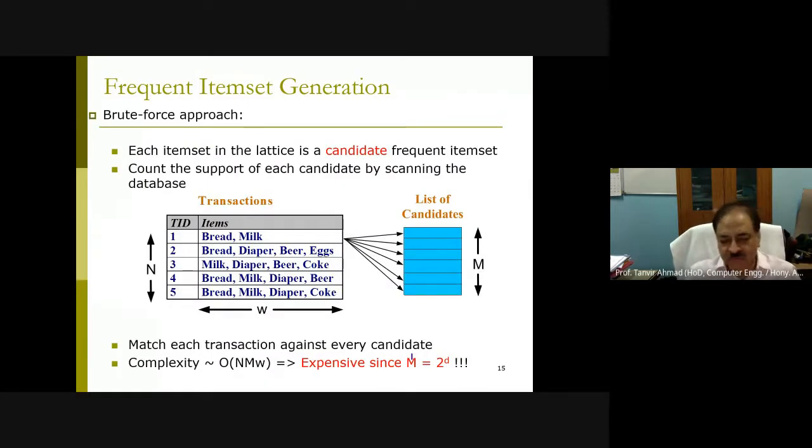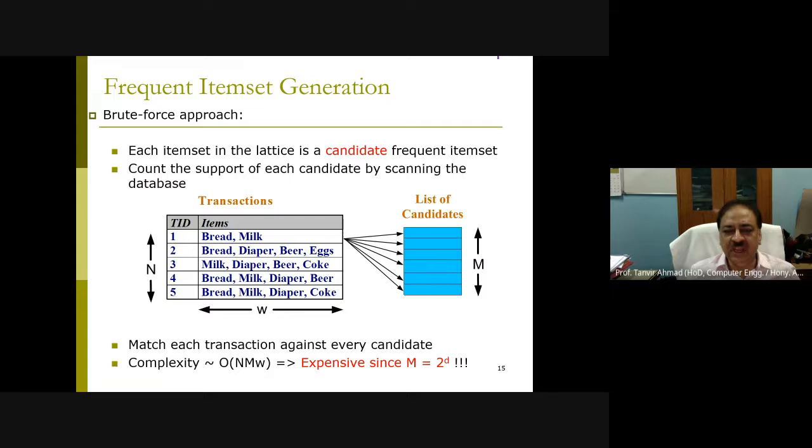Now, when I apply a brute force technique, what I will have is a lattice of all candidate frequent item sets. Then I count the support of each candidate by scanning the database, and from there I get the list of candidates.